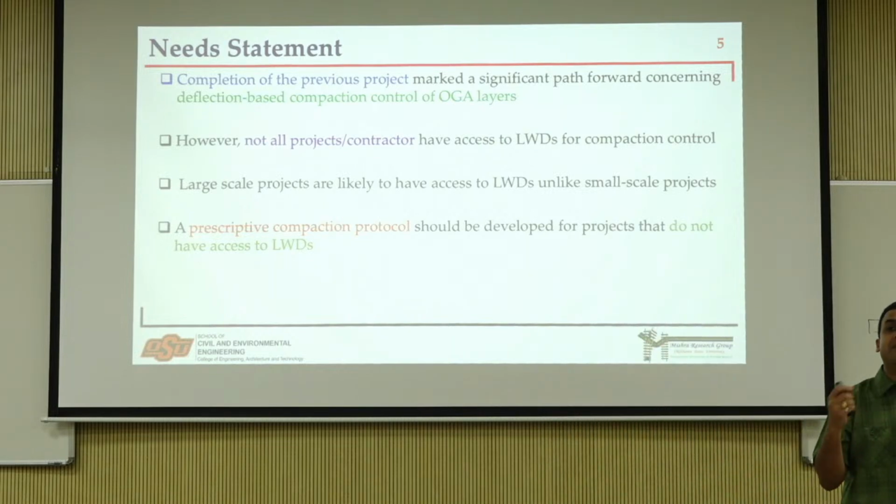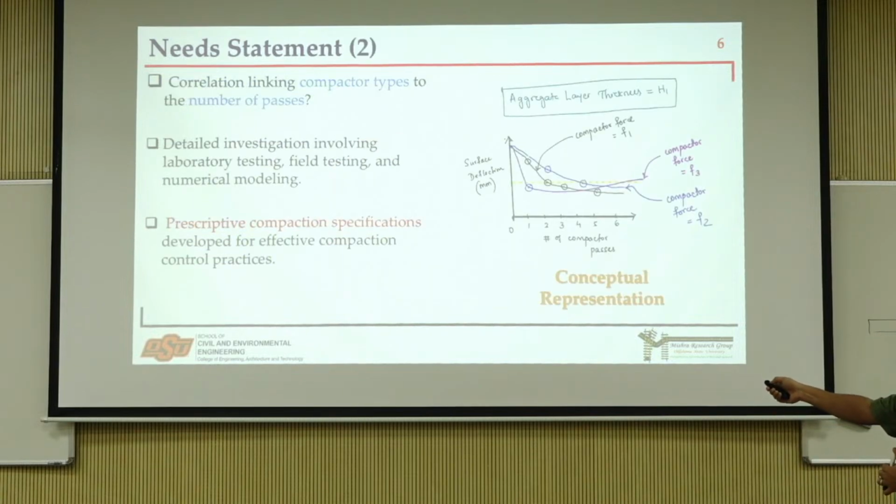They're like, can we develop, can we study to see if, from compaction point of view, this is actually a hand-drawn sketch by me, if you take any kind of compactor and number of passes, are the slopes moving separately so that the target surface deflection is intersected at different points of time?